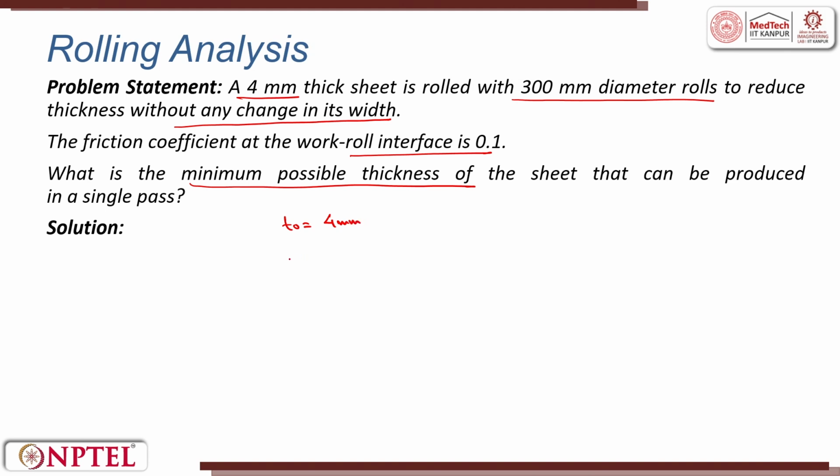We have been given the diameter, D is equal to 300 millimeters, which means the radius of the roll is 150 millimeters, and we have been given the value of mu, the coefficient of friction, as 0.1. Now Tf, the final thickness, is to be found.